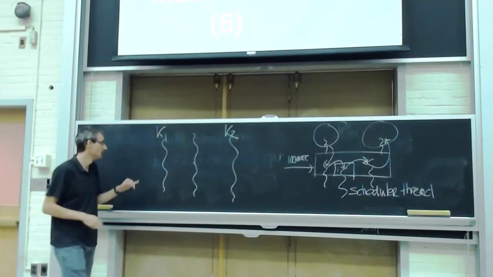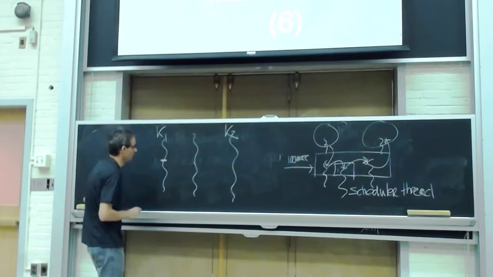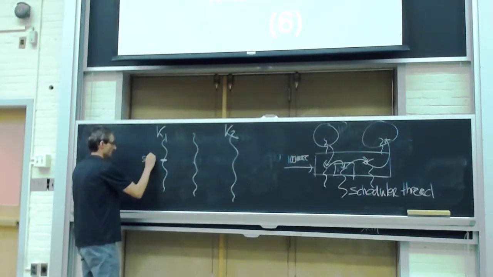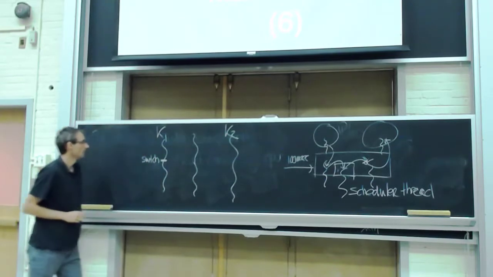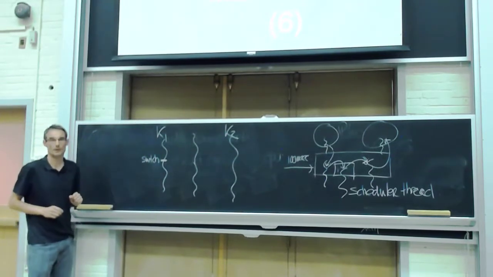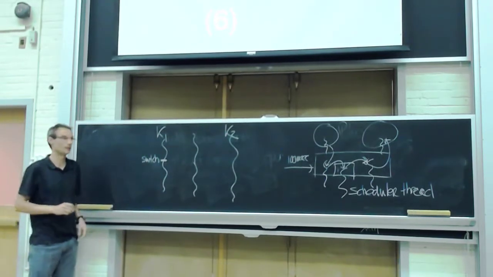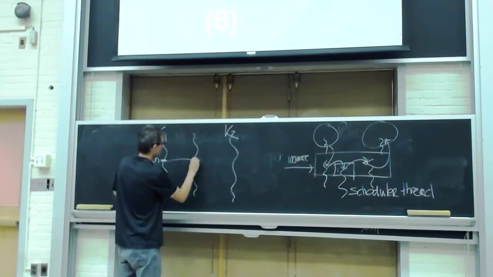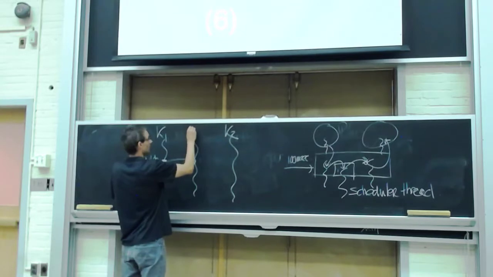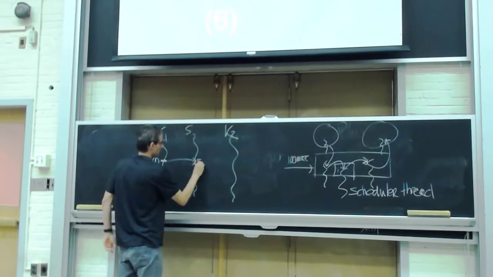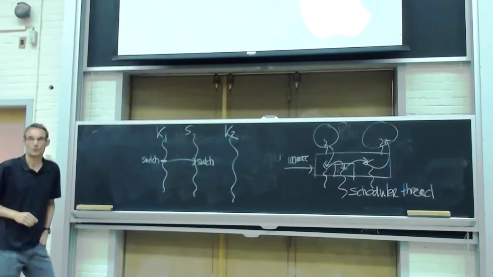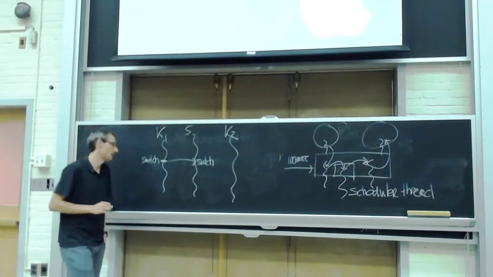There's basically one piece of code where you call switch. If a kernel thread wants to transfer control to another thread, it calls the switch function, and that switch function resumes the scheduler thread, which was also in switch. In fact, there's only one place where this happens in the code.